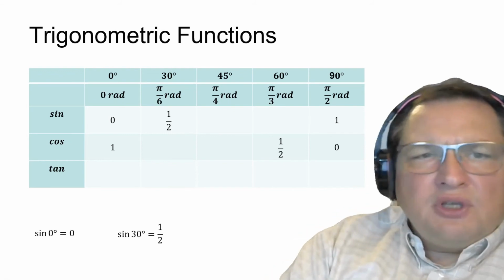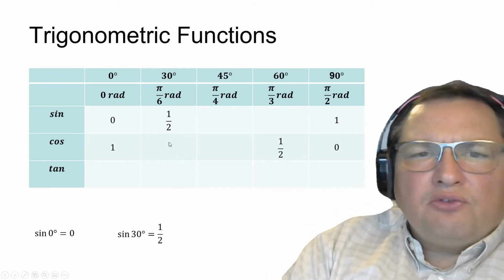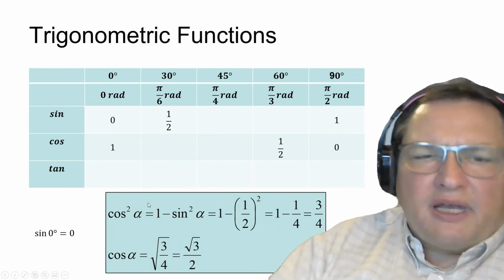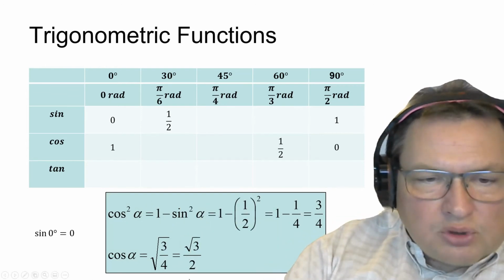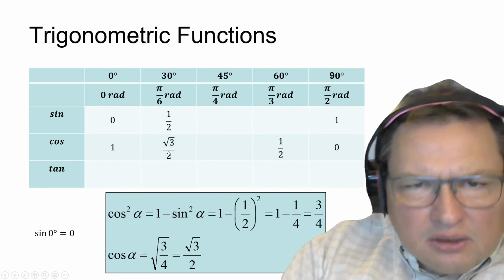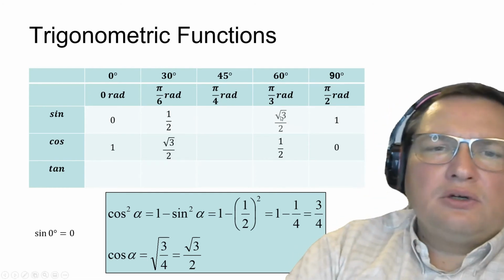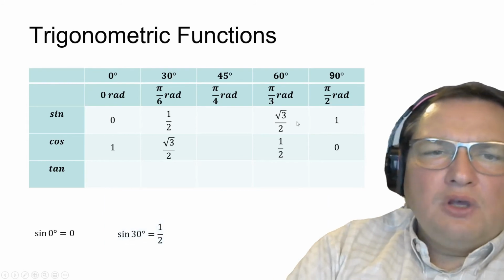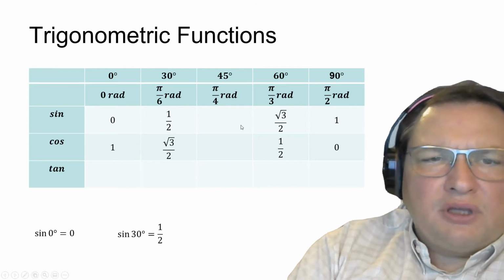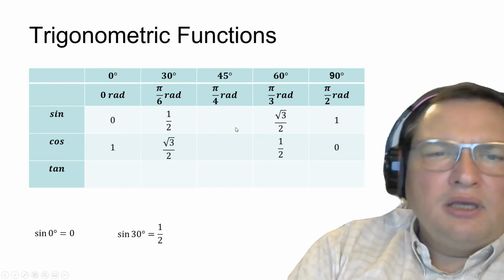All right, next thing, cosine of 30 degrees. For this, we will use the calculation we've just done in the previous slide, and square root of 3 over 2 goes here, and mirror-like also here. The final calculation is the sine of 45 degrees, or a quarter of pi.